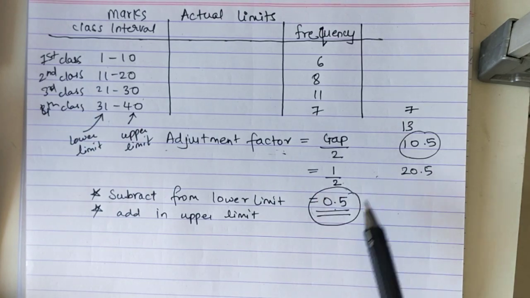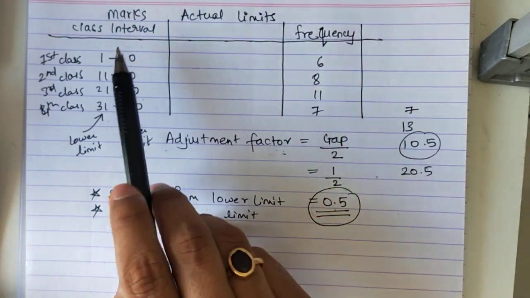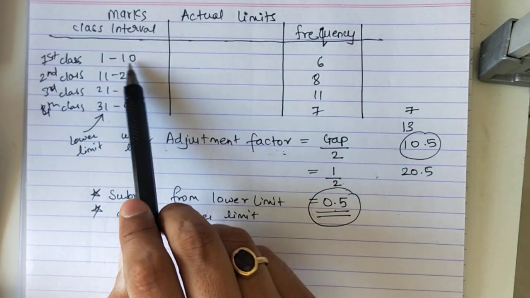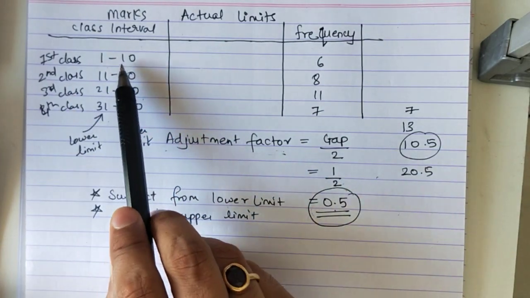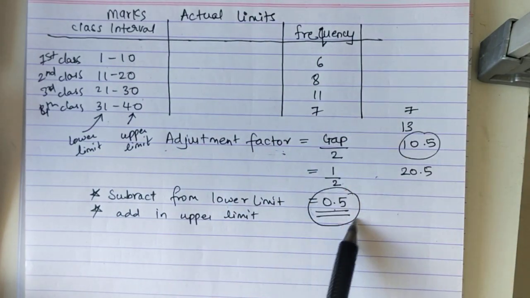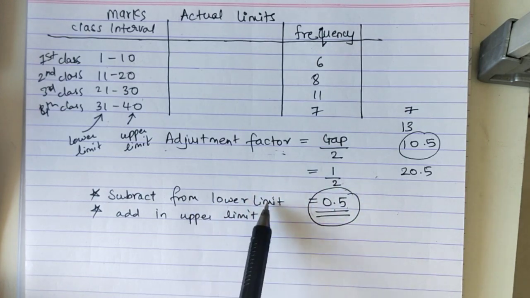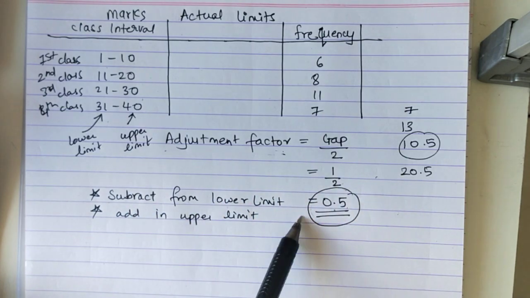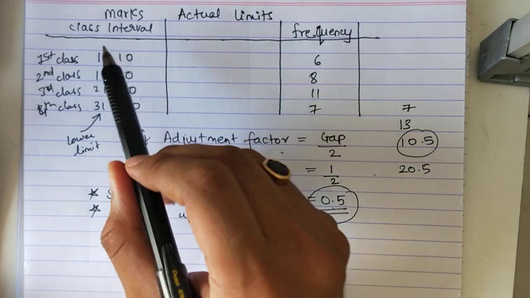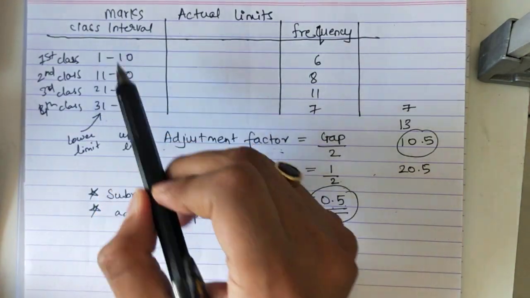Now we have to find the actual limits. These limits had a problem, that there was a gap in them. To solve that problem, I used the adjustment factor and got the value 0.5. Now I will subtract this 0.5 from the lower limit and add the 0.5 in the upper limit. For the first class, subtract 0.5 from 1.